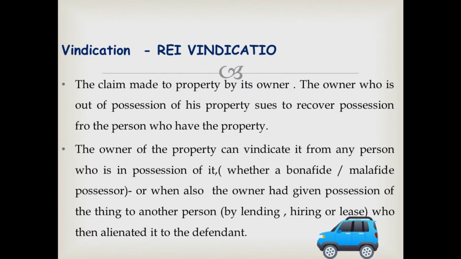It doesn't matter. Or when also the owner had given possession of the thing to another person by lending, hiring, or by lease, who then had alienated it to the defendant. The owner can vindicate that thing.